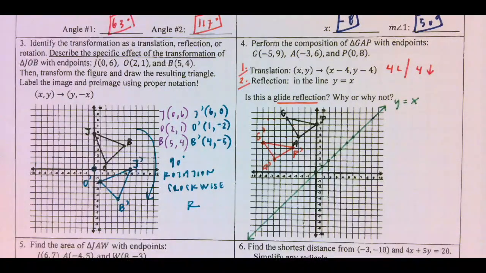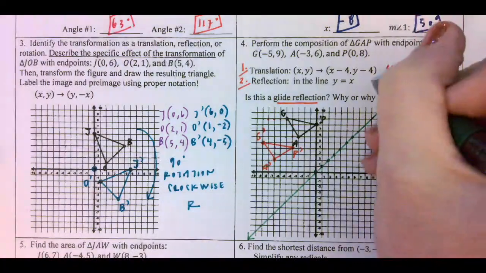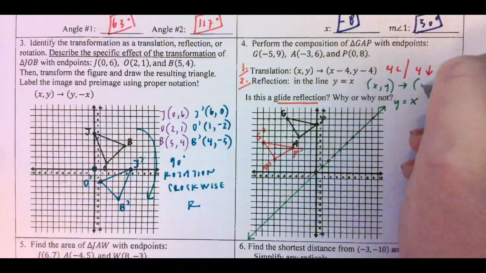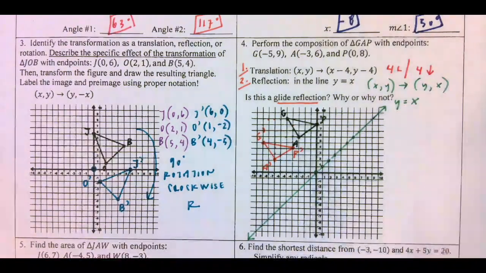Now, let's say that I want to think of that as a rule. That is (x, y) goes to (y, x). The x and y's just switch position. That is it. But maybe I forget how that works. Maybe I forget the rule.